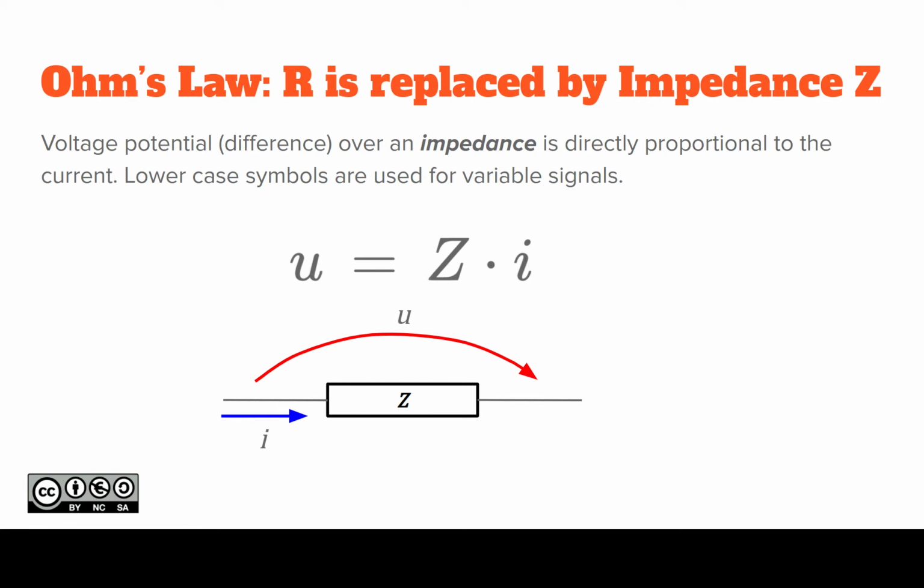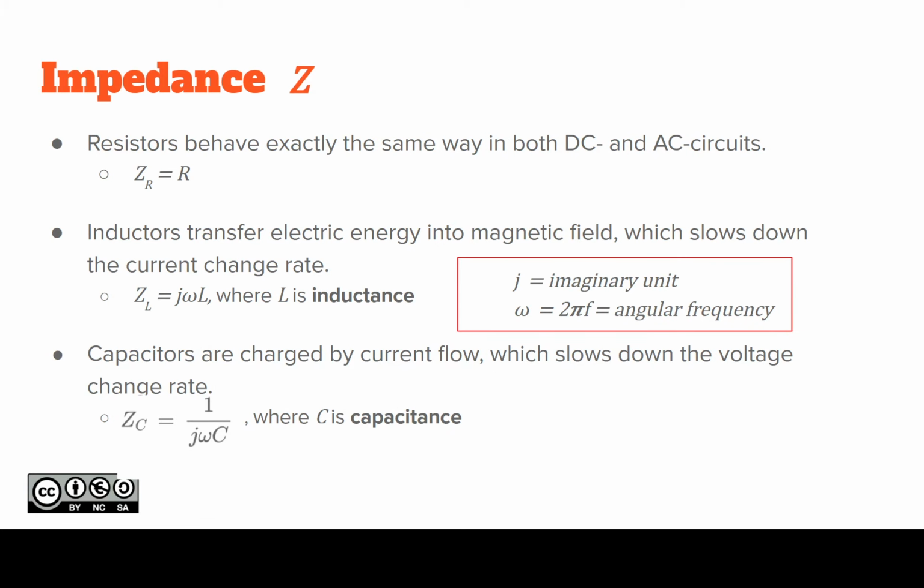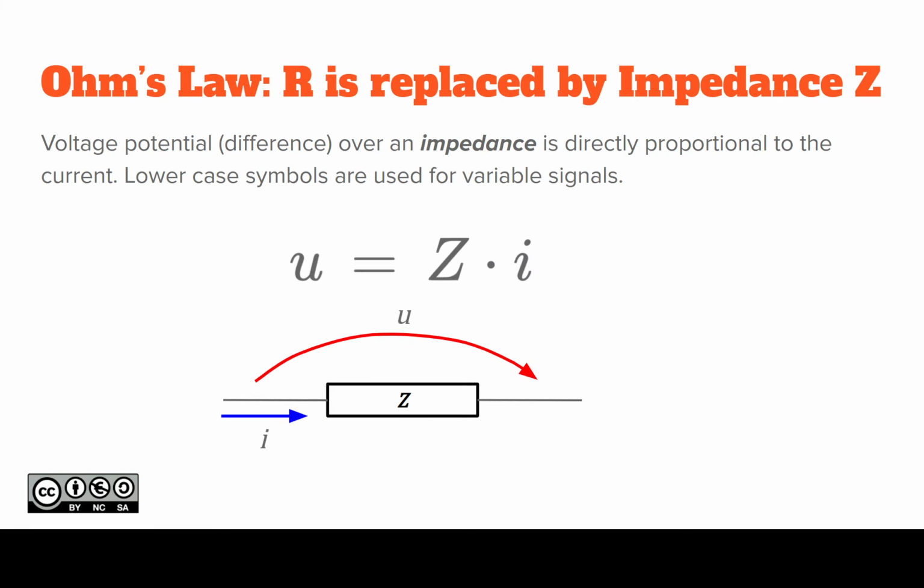Okay, U equals Z times I, with the impedance of the inductance being ZL equals j times omega times L, where L is the inductance. It's the value of the component. And j is marked as the imaginary unit. That's the engineering way. I here is current.